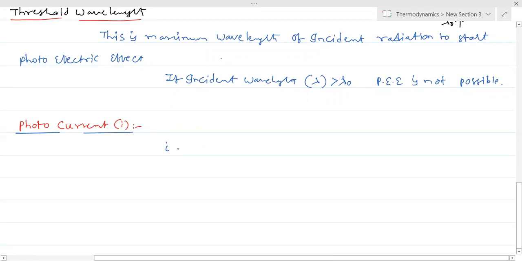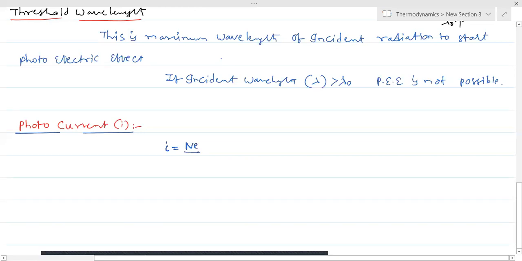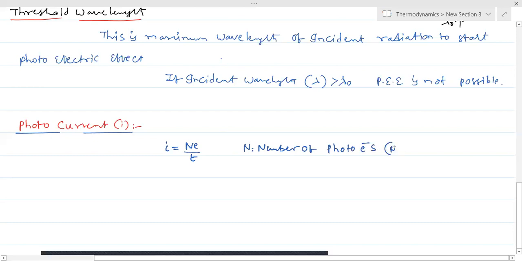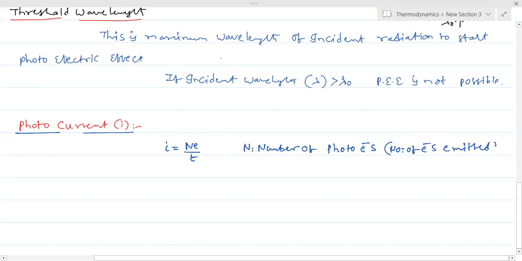So we take I equals Ne by t, where N is the number of photoelectrons. Simply we can understand that this is the number of electrons emitted from the given surface.